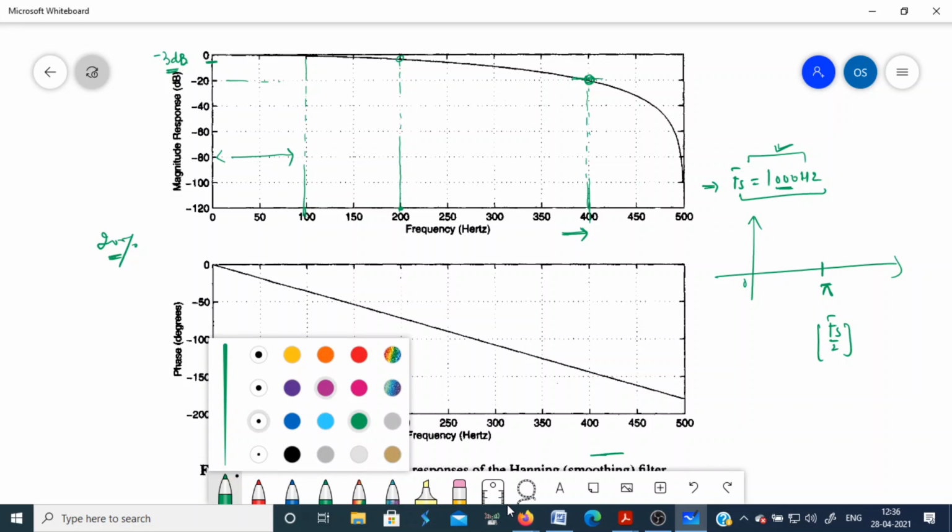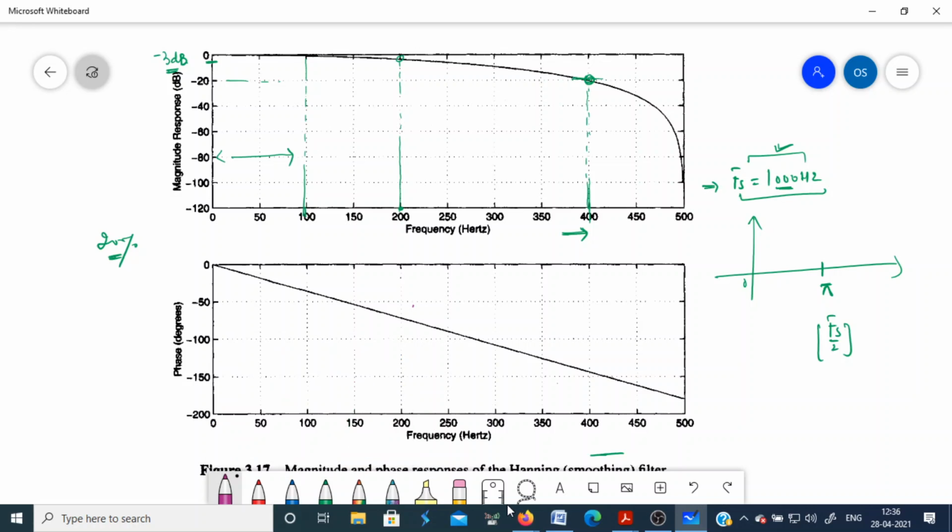But if you change the sampling rate, if you plot this using a sampling rate of 200 hertz, then this will go up to only 100 hertz. And in that case, 20% of 200, that is up to 40 hertz, will be around here.